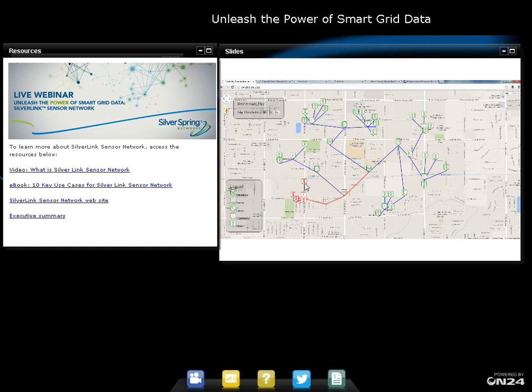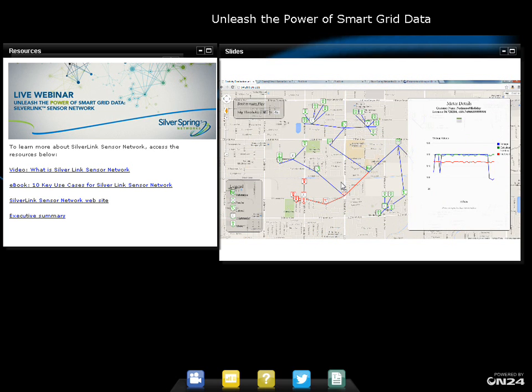So instead of just seeing voltage from a DA system or a SCADA system or an AMI system separately, you can overlay a single topology that helps you more quickly diagnose the root cause of any voltage issues that may occur. You can also look at a specific endpoint and see the voltage for that endpoint in the context of the broader topology and the broader voltage of your service territory. So that's one example with voltage that you can do using the Silverlink sensor network.